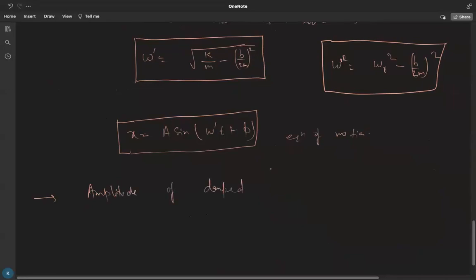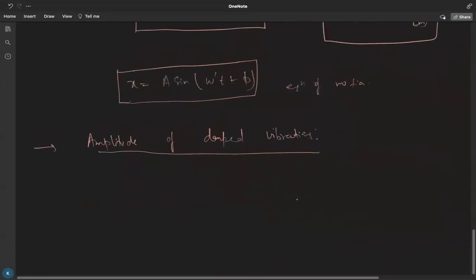The amplitude of the damped vibration is actually exponentially decaying, right? So let me write it here directly. A is varying: A naught is our initial amplitude, and A equals A naught e to the power minus bt by 2. This is how our amplitude varies.